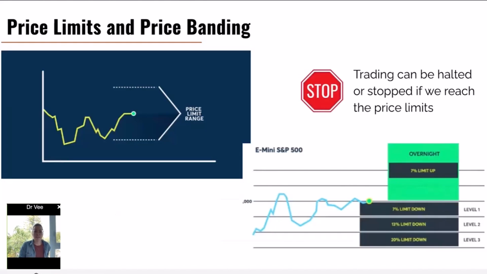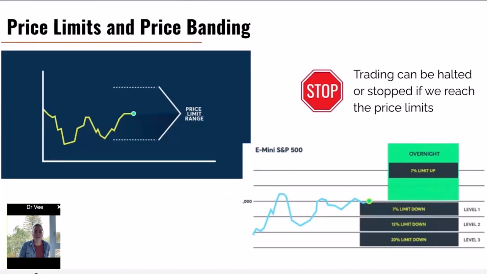These limits prevent wild swings and allow markets to cool off if prices move too fast. Price banding works a bit differently. It dynamically adjusts the acceptable trading range around the last price and rejects orders that are way off, helping to avoid disorderly trades. So we are protected, guys. It's a good thing to know.